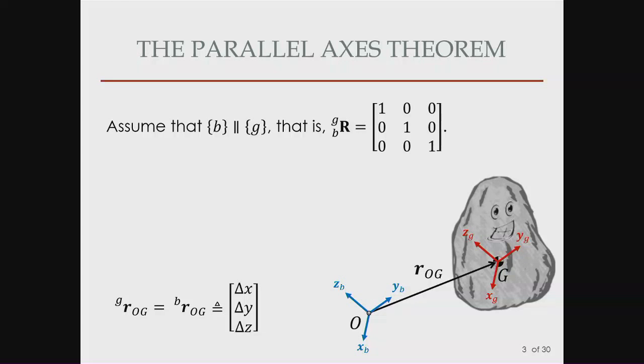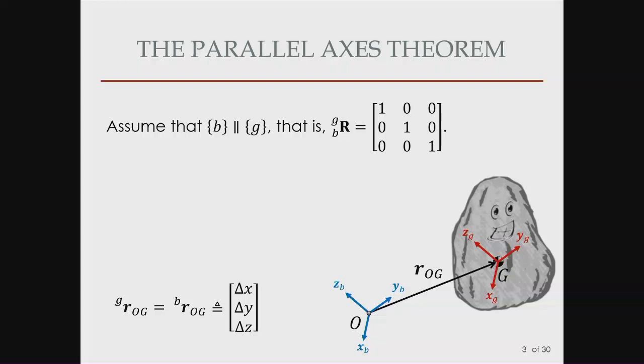I'll put this parallel sign, which means X_B and X_G are parallel, Y_B and Y_G are parallel, Z_B and Z_G are parallel. So this I define as delta x, delta y, delta z, distances along these axes between these two points. Okay, is it clear why these are the same?